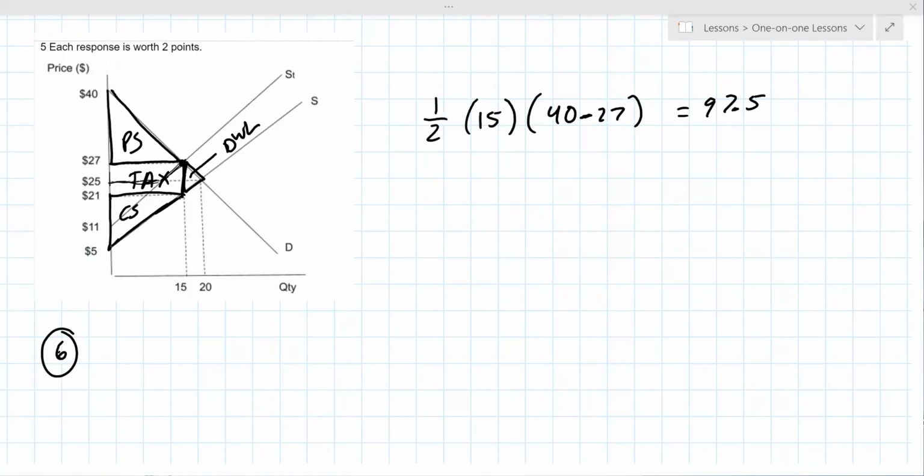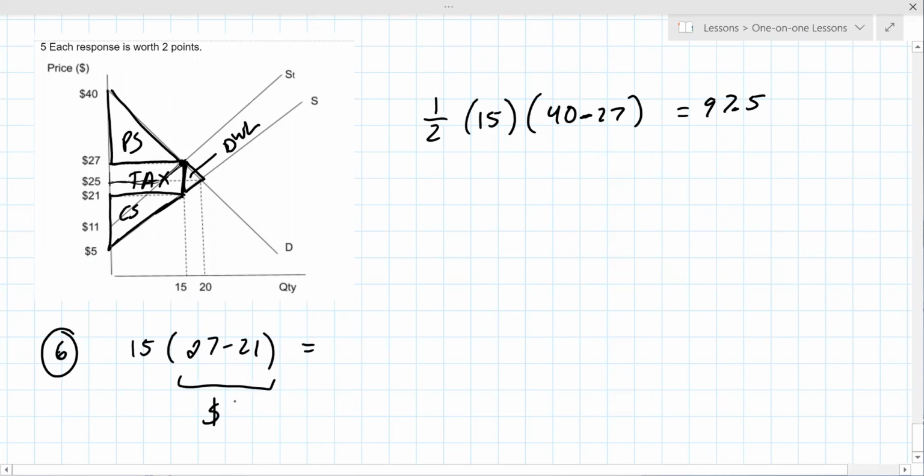The tax, I believe, is going to be this rectangle here: the base 15 times the height 27 minus 21. That would lead you to think it's a $6 tax. And it could be a $6 tax, but that means $2 is paid by the consumers, and $4 is paid by the producers.